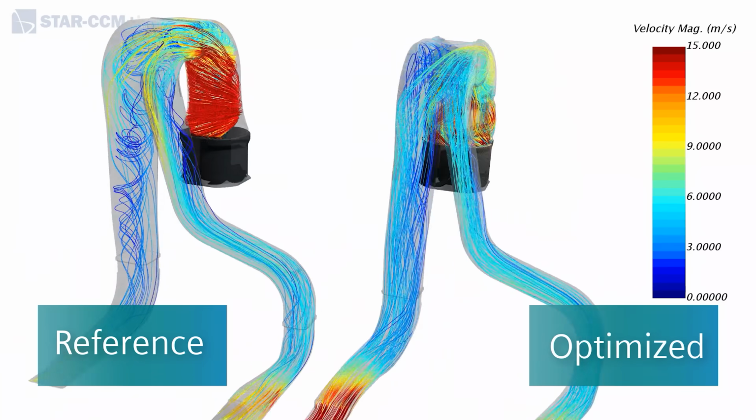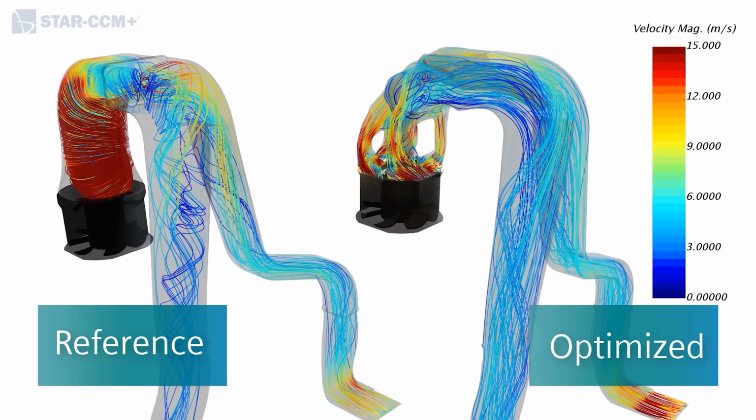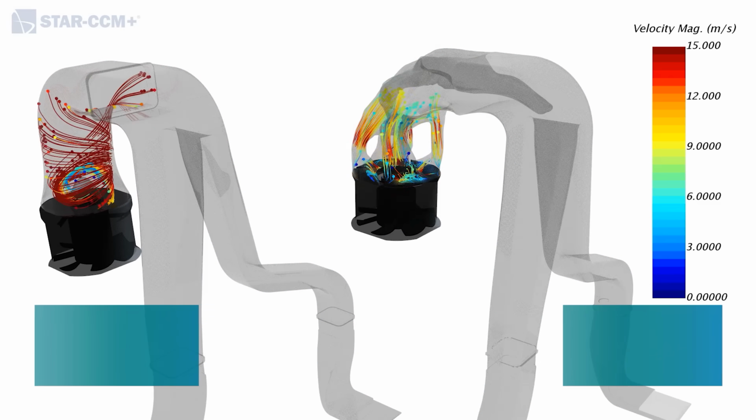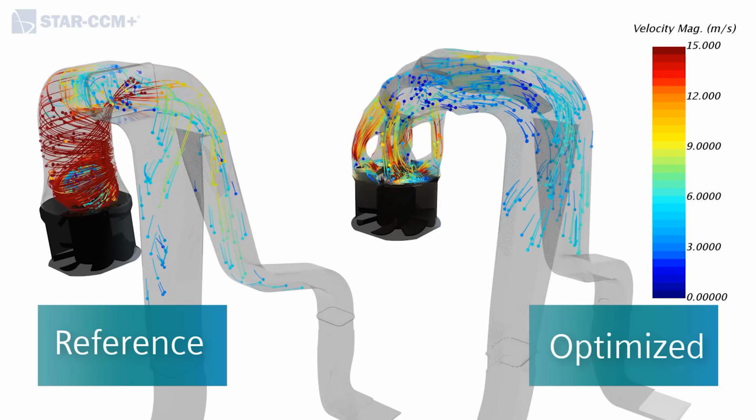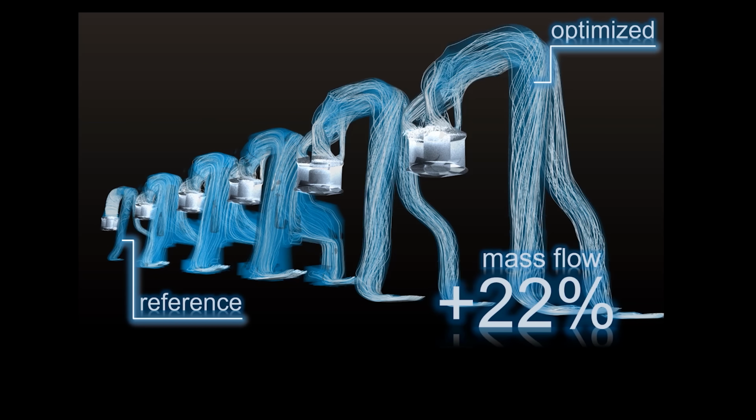Now the idea is to guide the flow in a very nice, organic way from this swirling motion. You force it into this tangential motion, so it goes in a more streamlined way. This means we were able to improve the mass flow by 22%. You've improved cooling on this printer. Exactly.